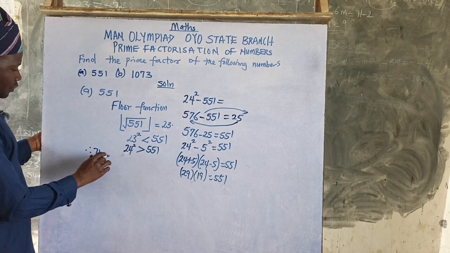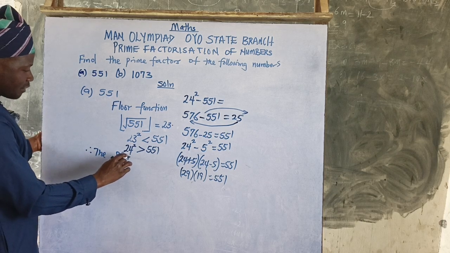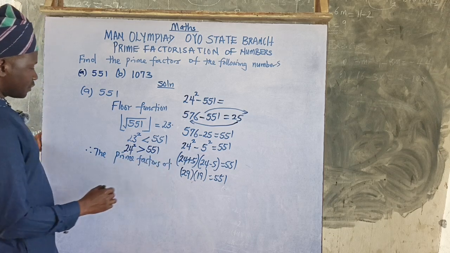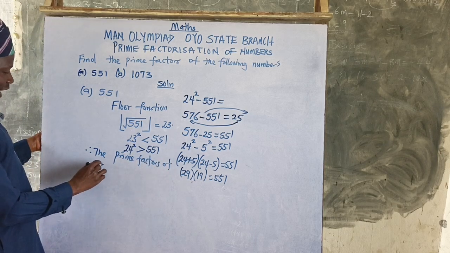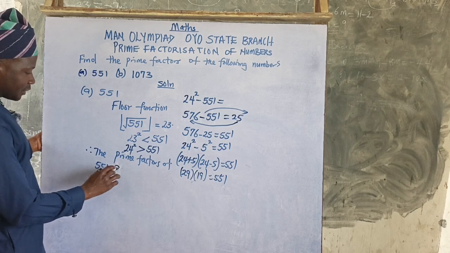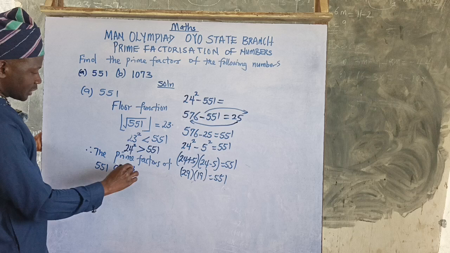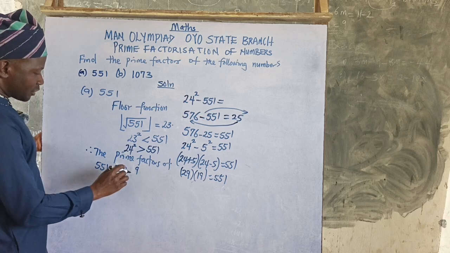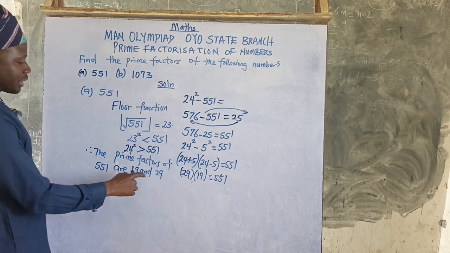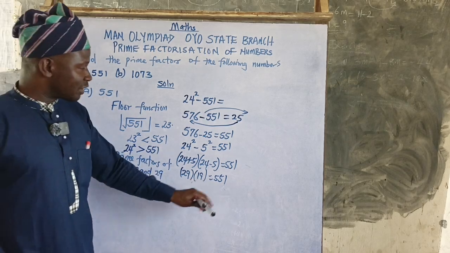Therefore, the prime factors of 551 are 29, or you can start from the smaller number, 19 and 29. When you multiply 19 and 29 together, you are going to have 551.